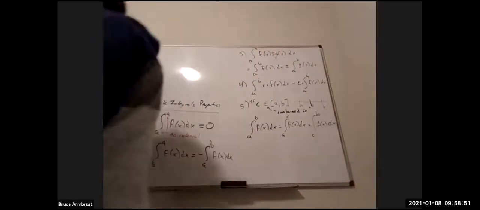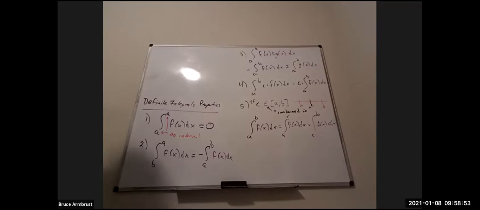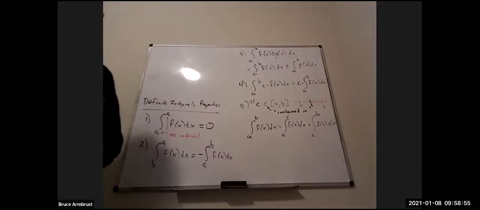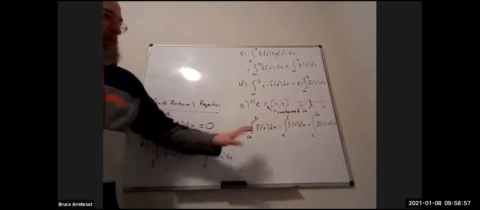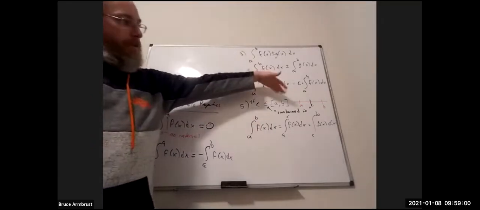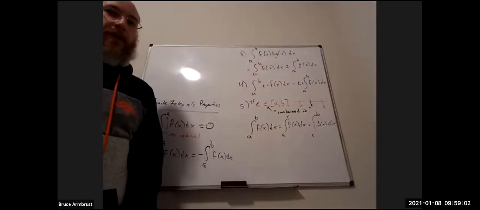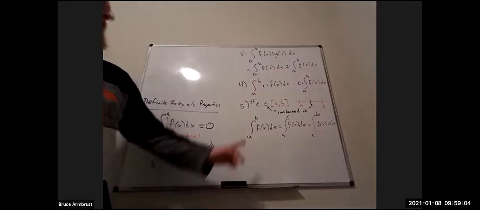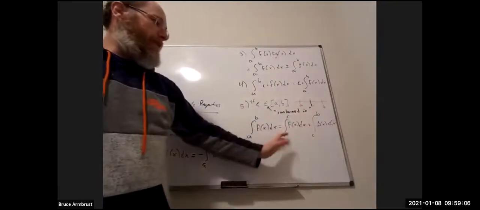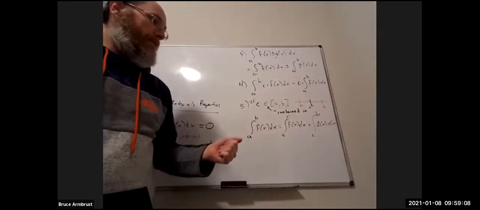But what this says is you can take an interval and split it however you want. You can find any point in there and use it to cut it into two pieces.